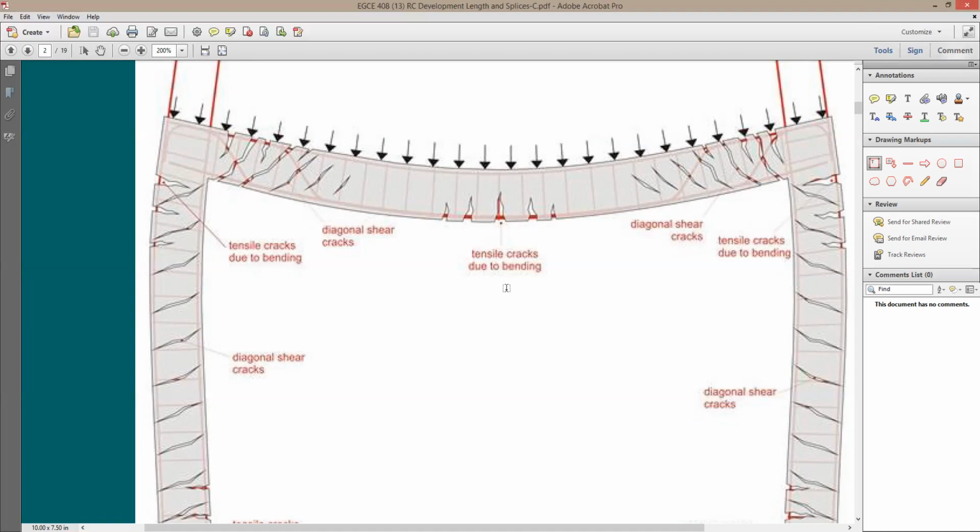So right here is going to be tension. How about here in the top? The top is going to be compression. At this end, I'm going to have some tension at the top. And also I'm going to have some compression at the bottom.